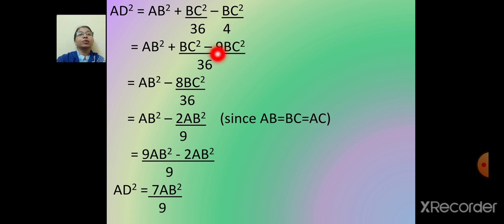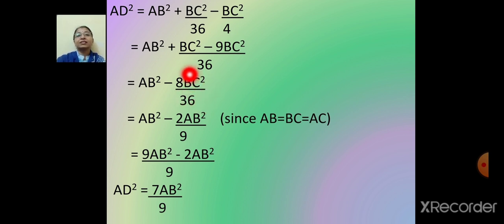So in the numerator, minus 9 BC square upon 36. So that is equal to AB square. Now plus 1 minus 9. Plus 1 minus 9 is minus 8. So this plus sign will become minus 8 BC square upon 36.